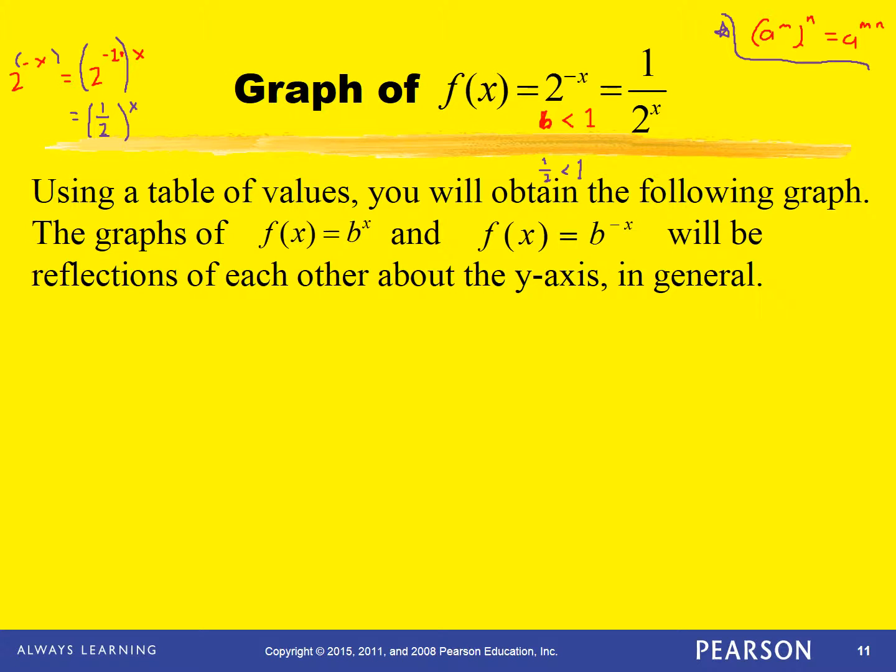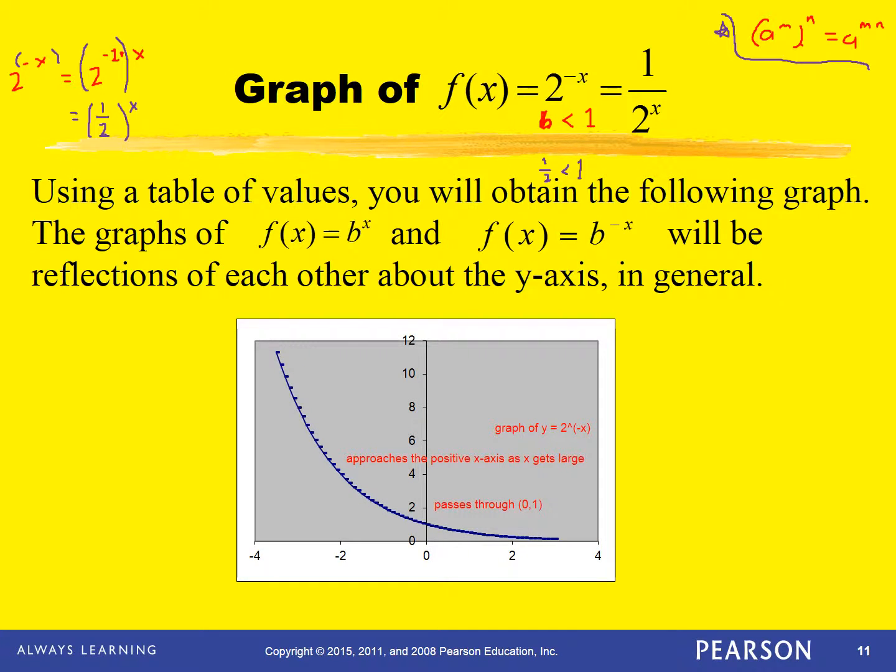And so we know how this graph is going to look. We just said that this is supposed to be the graph, the decreasing one. And the table of values will tell us why.